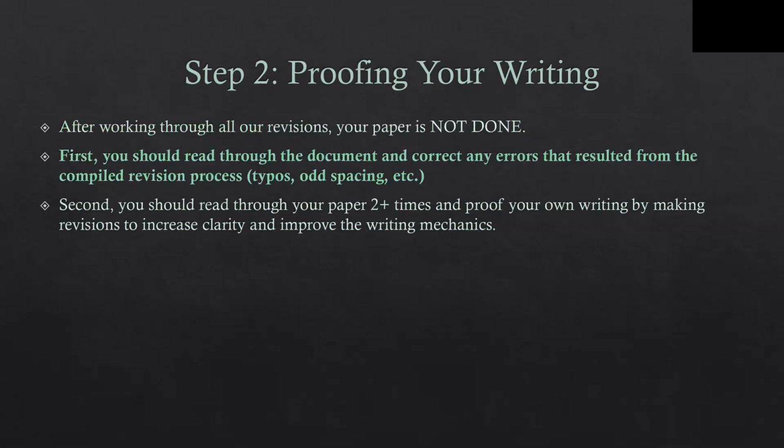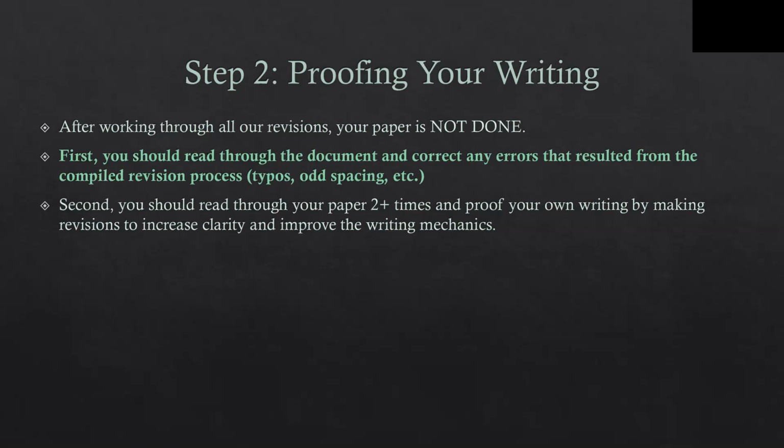So the first thing to do is go through and proofread for typos and odd spacing and stuff like that. When we are going through track changes and comments, especially when there are already track changes from someone else on there, it's somewhat hard to see what the actual text is going to look like. And so there are often remnants from that in the form of typos.